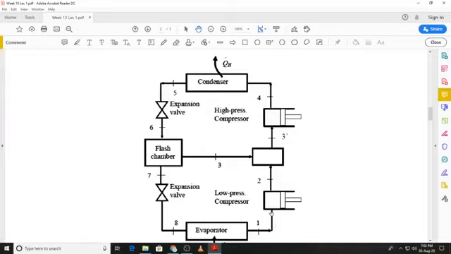From state 1 the low stage compressor will compress it to state 2, which will be now at the same pressure as the pressure of the flash chamber.